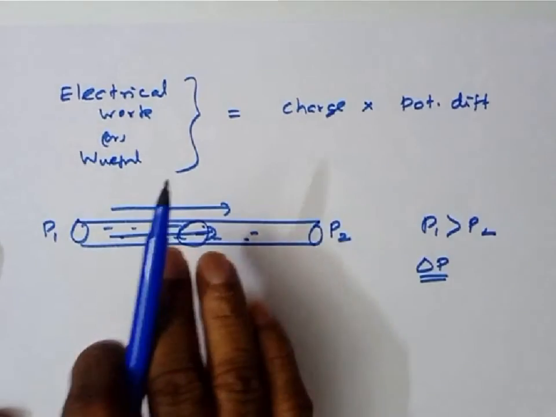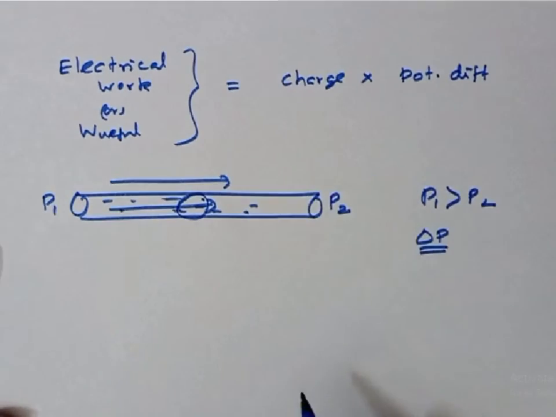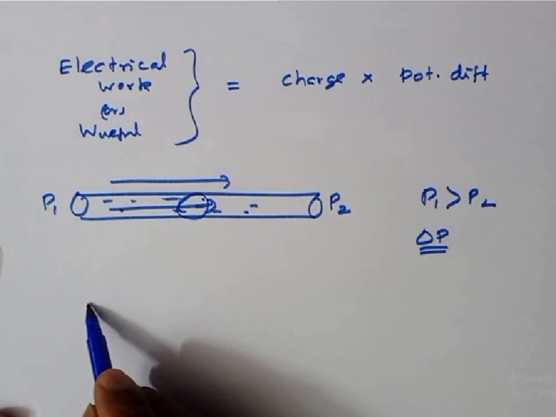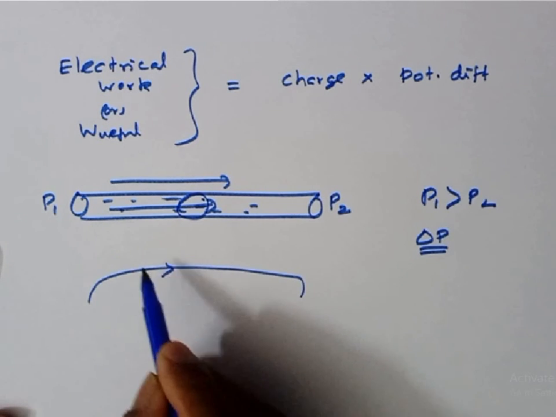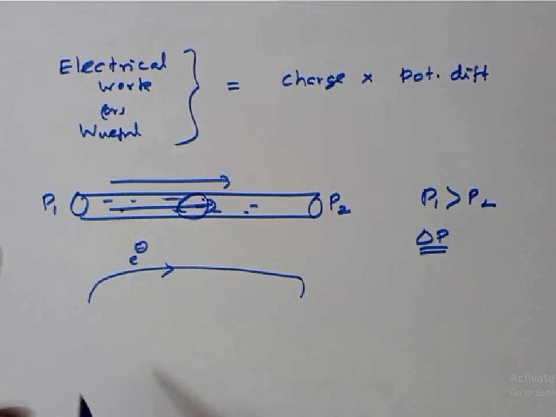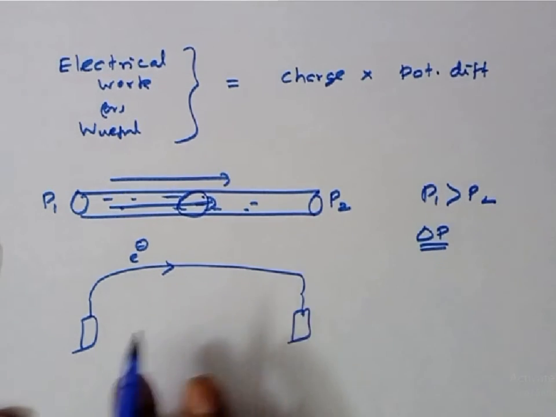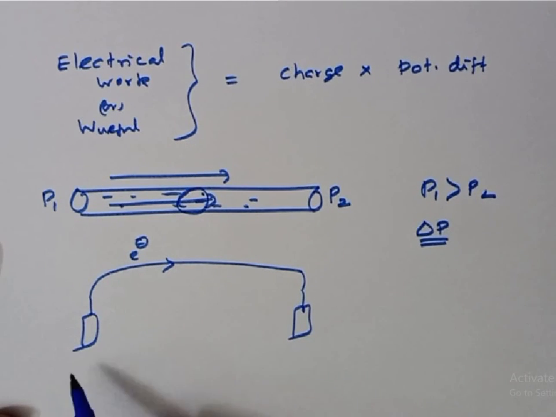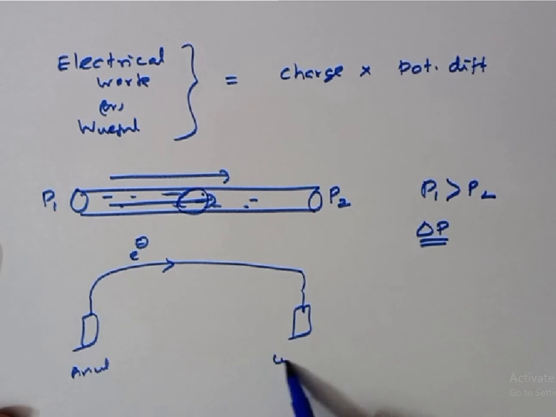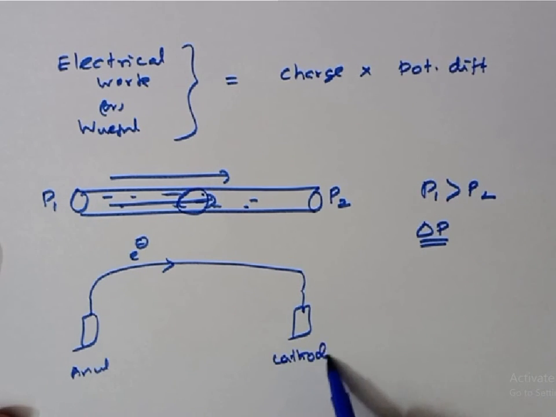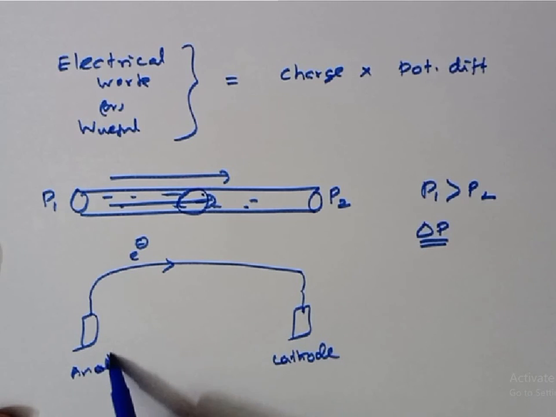Now I am going to use the same analogy in the case of a cell. In a cell, listen, through the wire, electrons are moving. Here we have an electrode, here we have an electrode. Just for understanding purpose, I am drawing like this. This is anode and this is cathode.